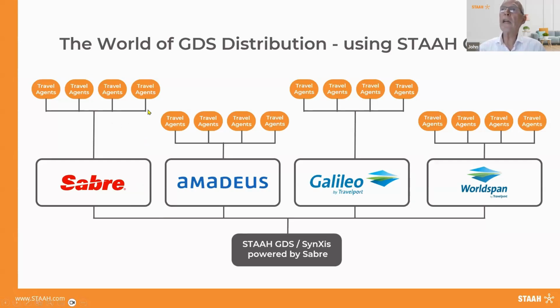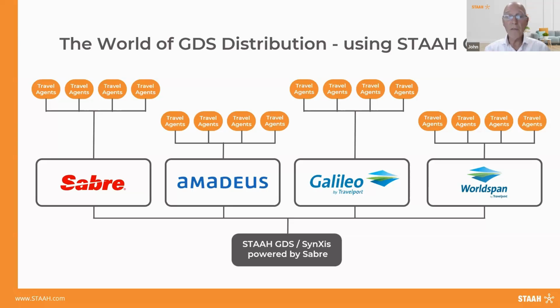Now, you'll see these travel agents up here in this schematic that are tied to Sabre, or some are tied to Amadeus. What does that mean? You can walk into any travel agency in the world and they will evidently have laptops or PCs on their desk. They are using only one of these 4 systems. You will not find a travel agent where one person in the office is using the Sabre system and one is using Amadeus.